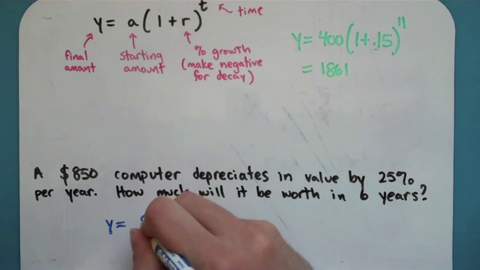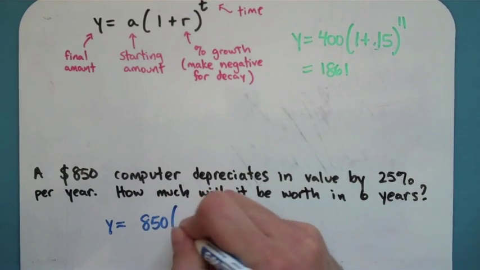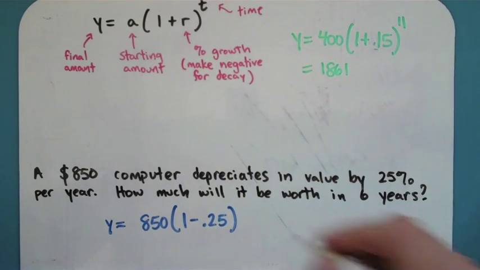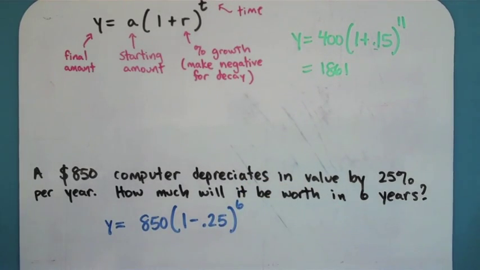So 850 is our starting value, 1 minus 0.25, and we're looking for 6 years, so we raise this to the 6th power. If we're going down by 25% a year, that's really saying you have 75% of the value left, and 1 minus 0.25 gives 0.75.